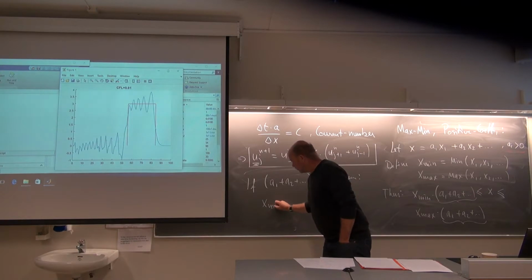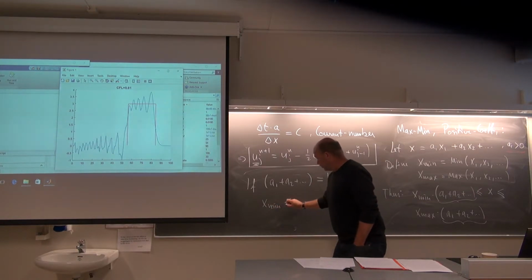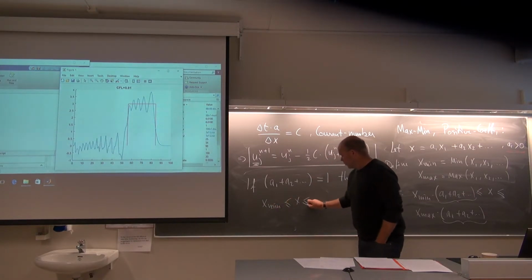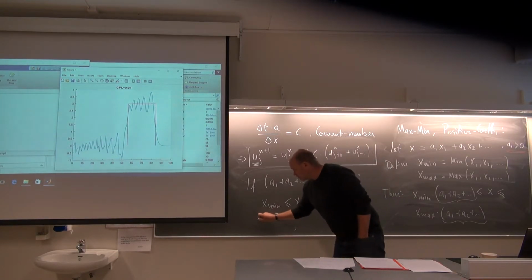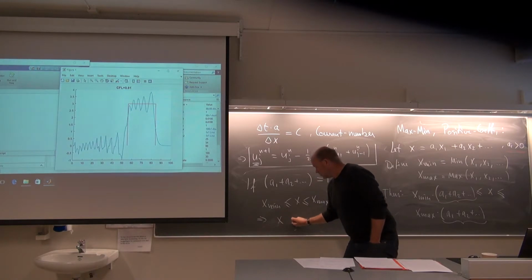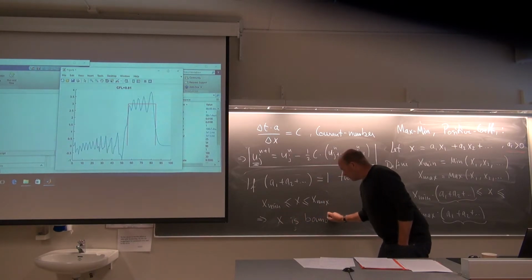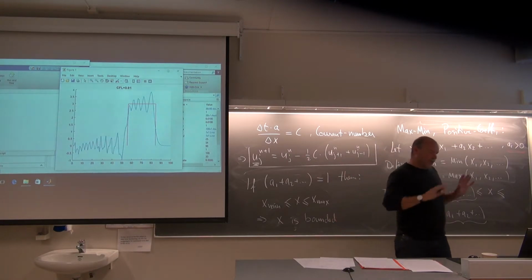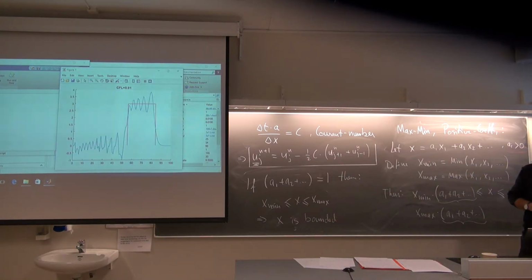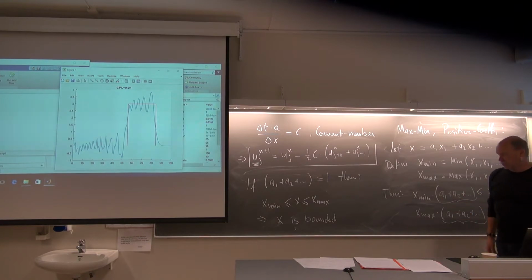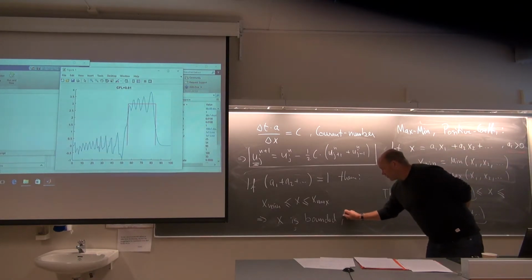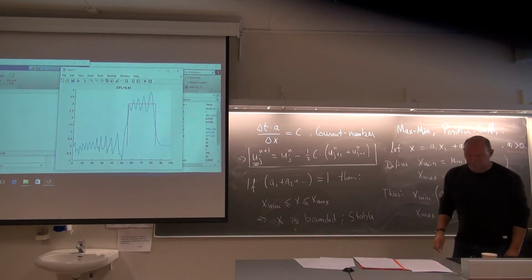X mean smaller or equal to x, smaller or equal to x max, which means x is bounded. It will be in between the maximum and the minimum value. It will never explode. It is stable. Then we have a stable scheme.